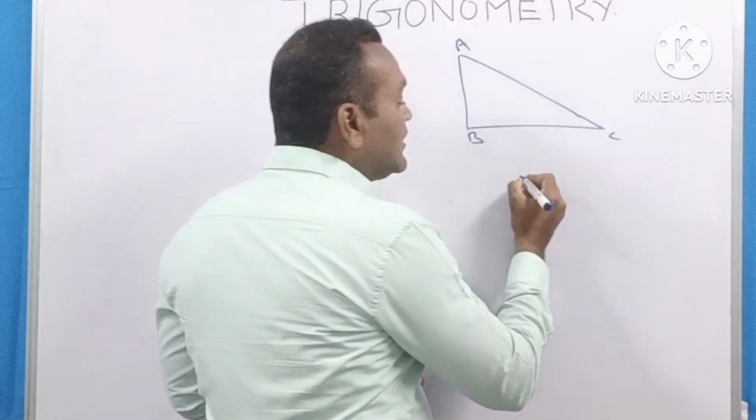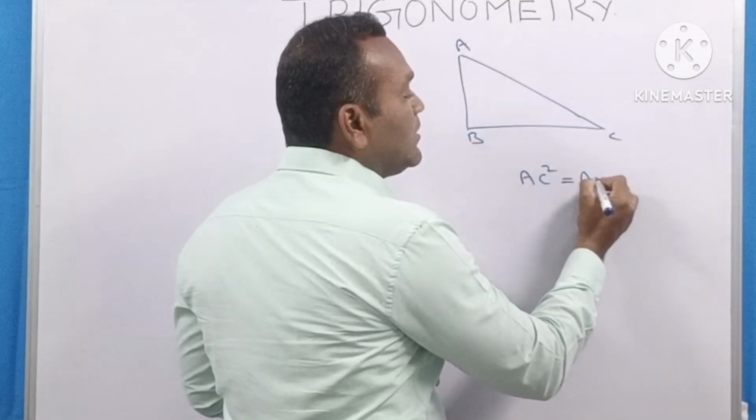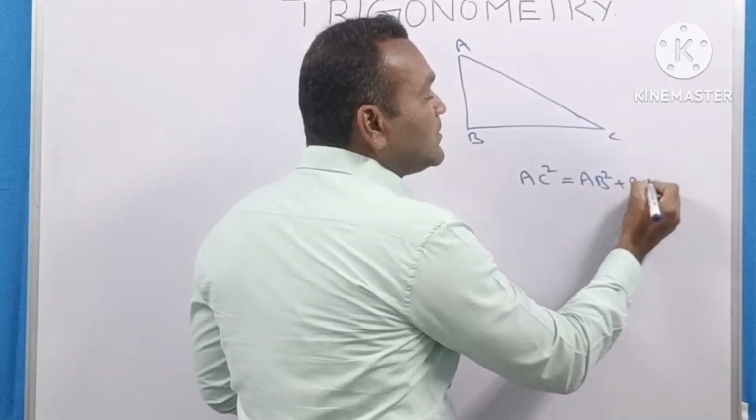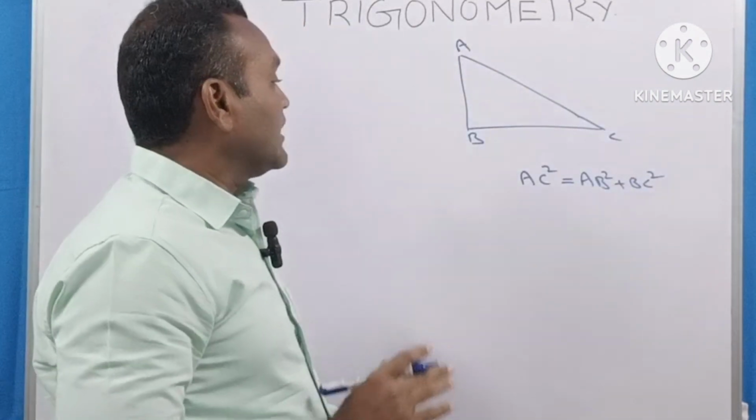How? You have learned that AC square equals AB square plus BC square. Okay guys? Good.